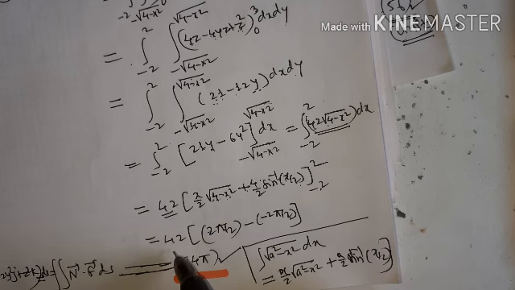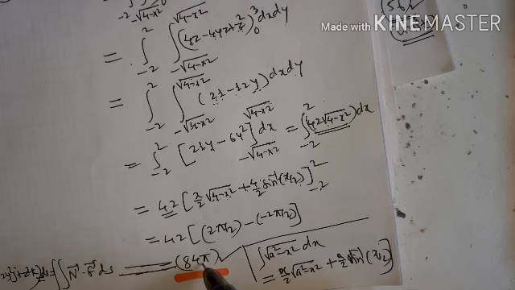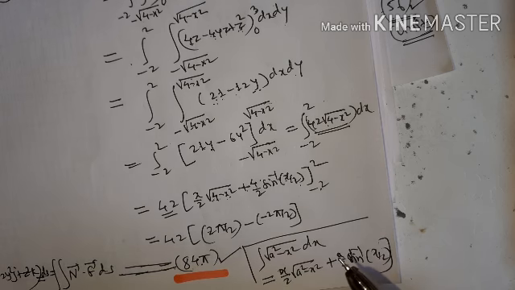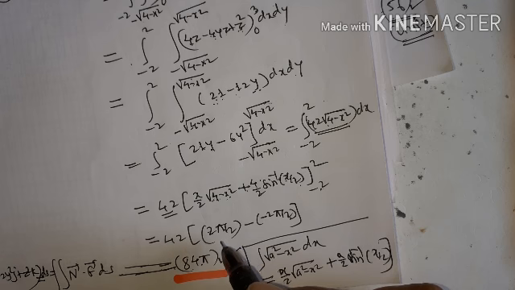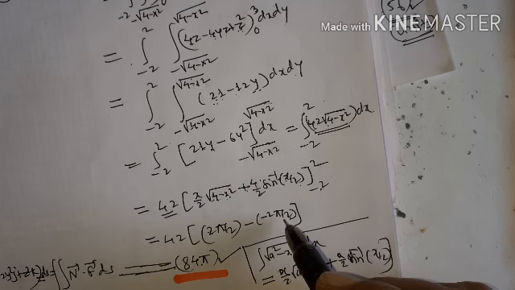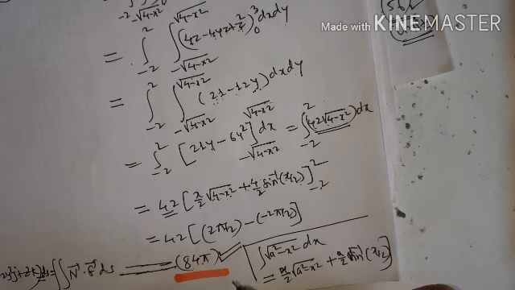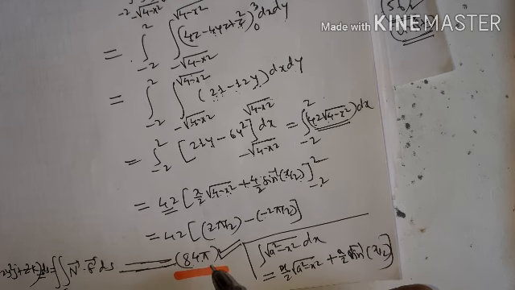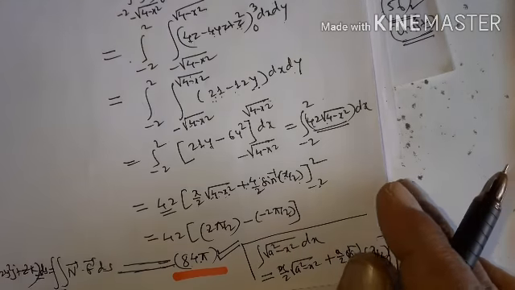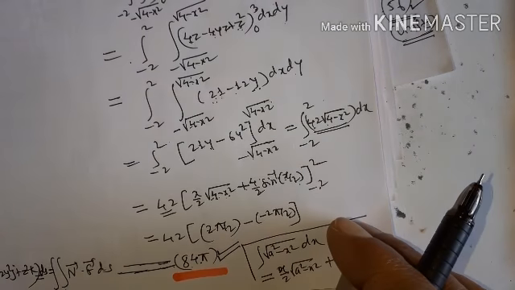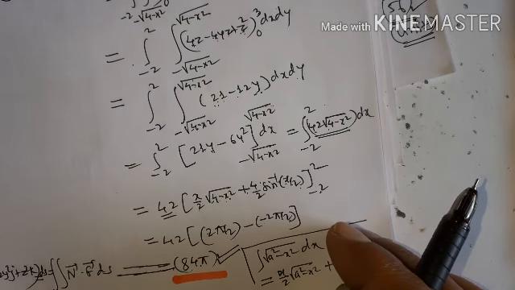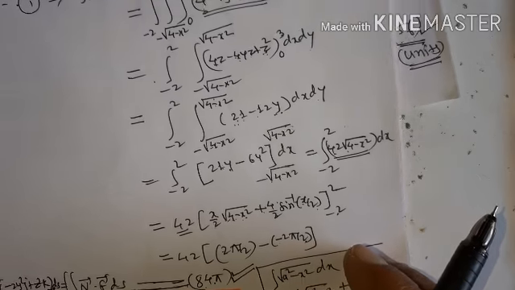And I will get it as 42 into 2, that is 84 pi by 2. Is it okay? This is 2 times pi by 2, 2 pi by 2 means 2 times pi, sorry, not pi by 2, and we get as 84 pi.